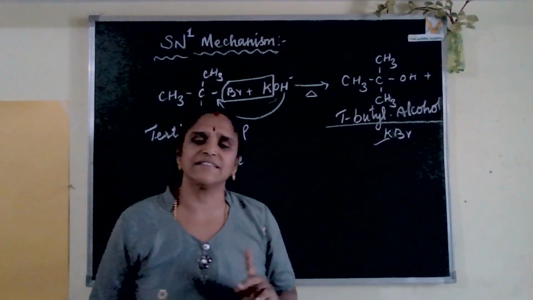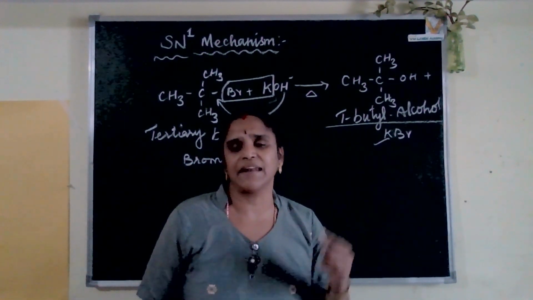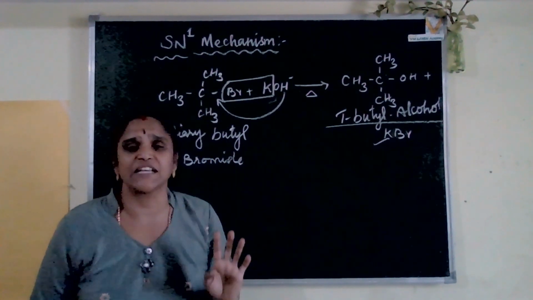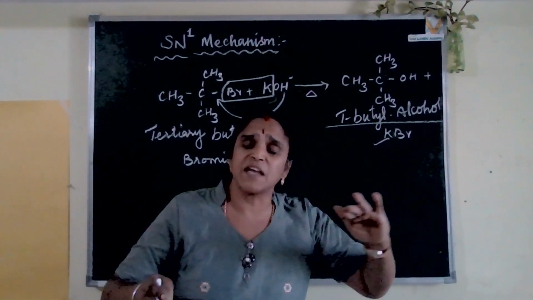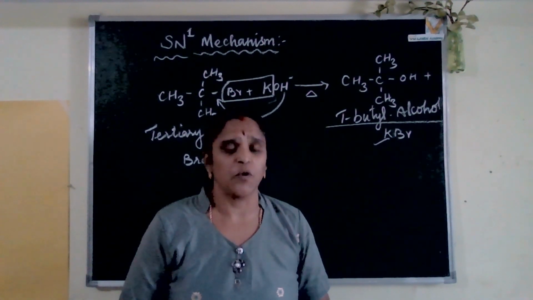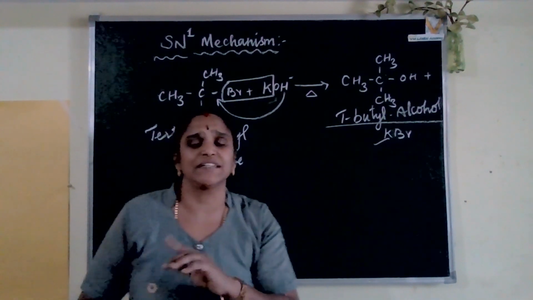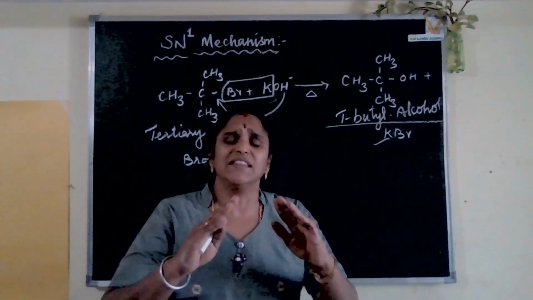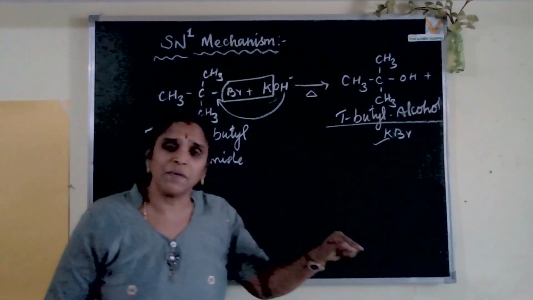What are the reactants in that SN2 mechanism? Here, methyl halide combined with aqueous potassium hydroxide while heating, you are getting methyl alcohol. That stepwise mechanism we have gone through, how the nucleophile attacks from the backside or front side. The same way here, methyl halide only, but what methyl halide?